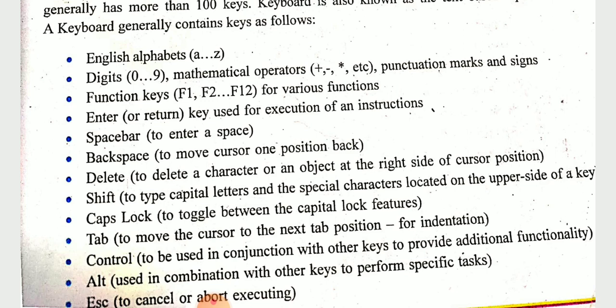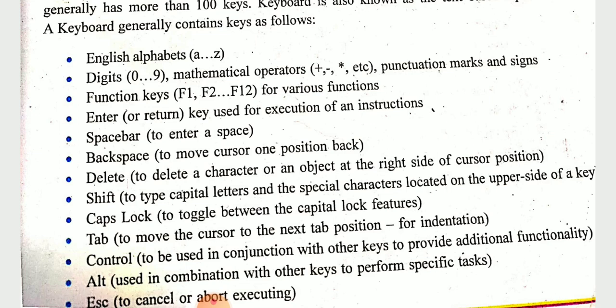Then the second one, number keys. Number keys are used to type numbers and operators into our computer like plus, minus, multiplication sign, and 0 to 9 we can type with the use of number keys.